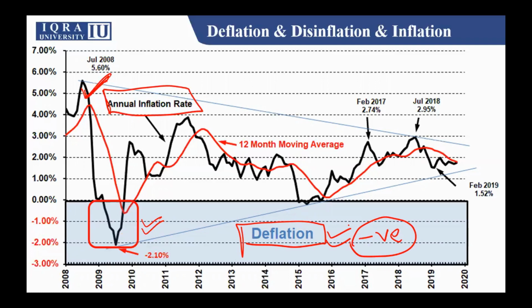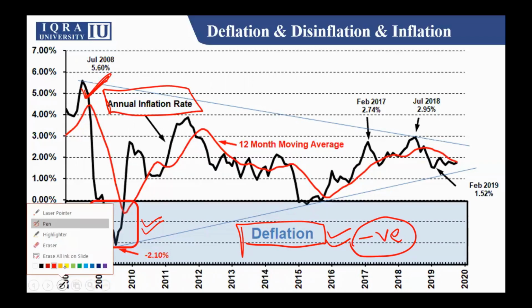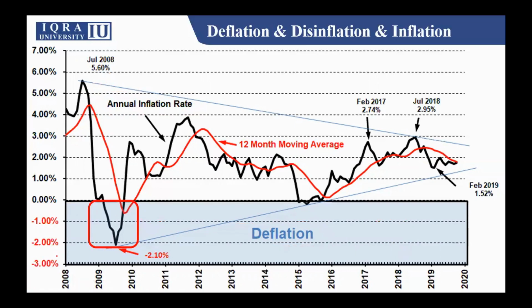While when the rate of inflation is falling, that is known as disinflation. And when the rate of inflation is rising, that is known as inflation. Now I'm going to highlight this.